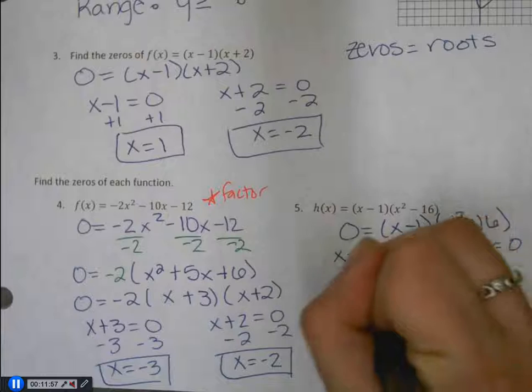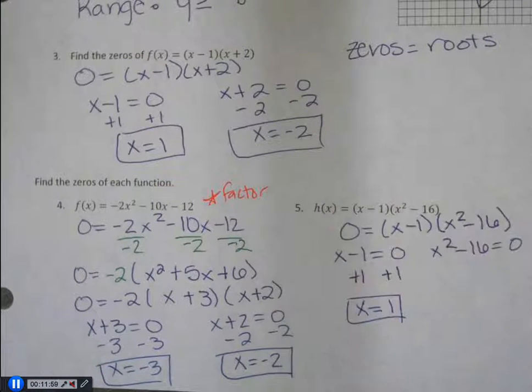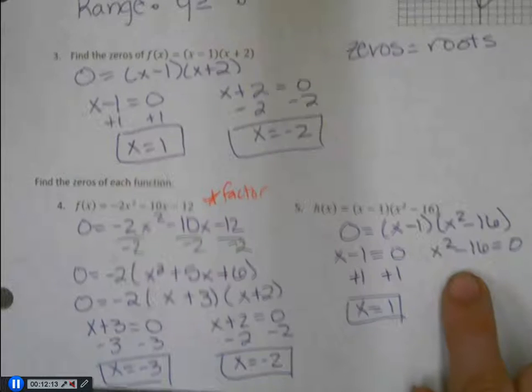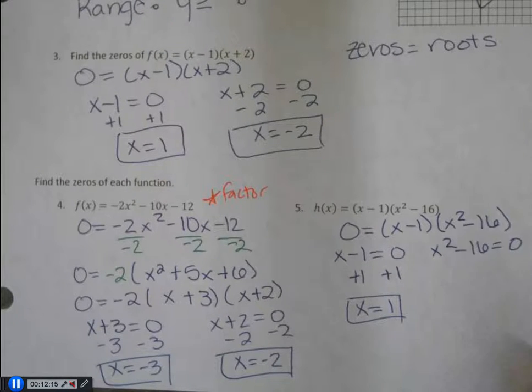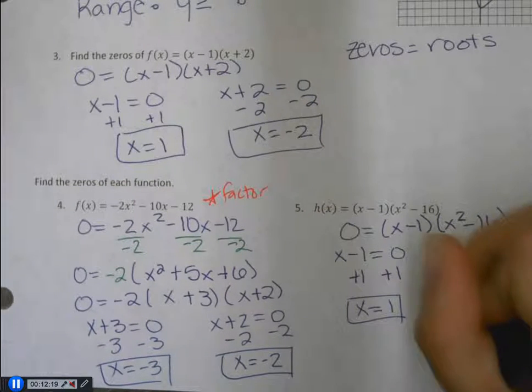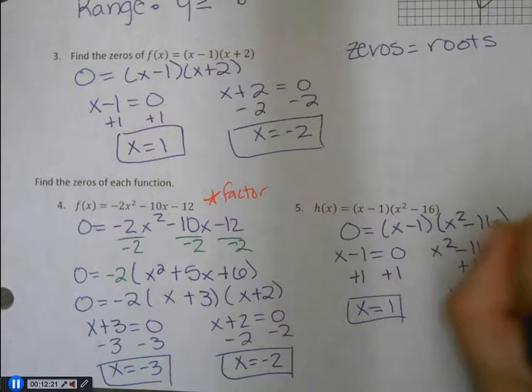What's different about my second equation that I wrote? The x is squared. So that means I'm going to have to, at some point, get rid of the squared. What do you guys want me to do first here? Yeah, I can add 16 to both sides. So I get x squared equals 16.